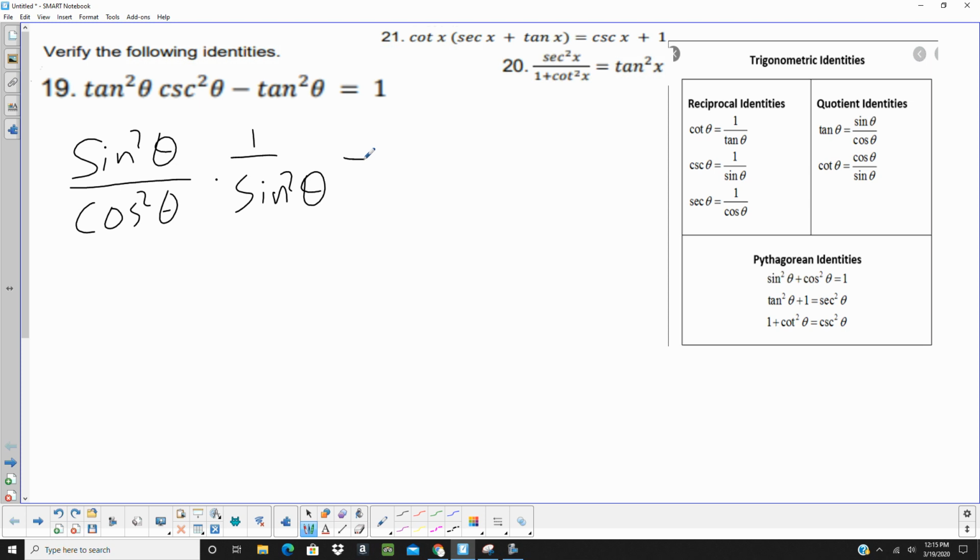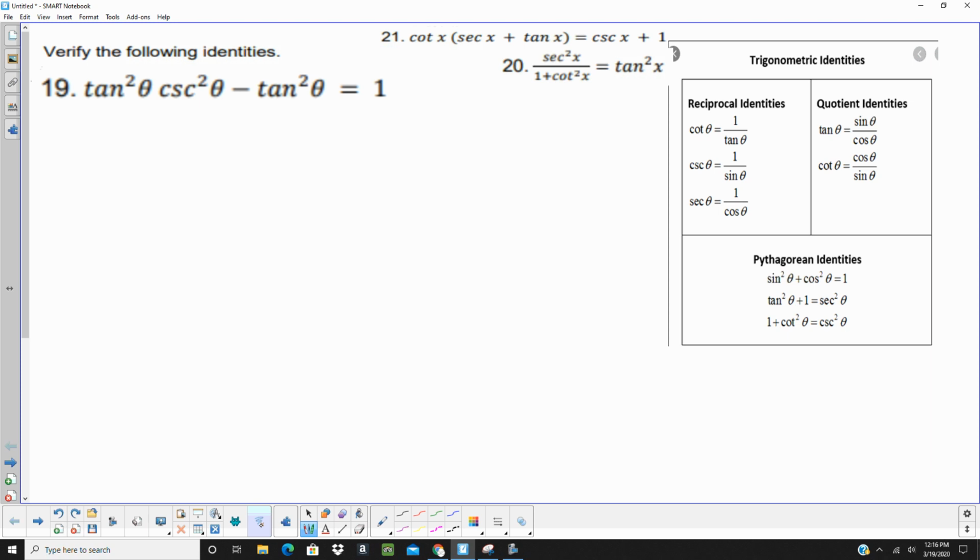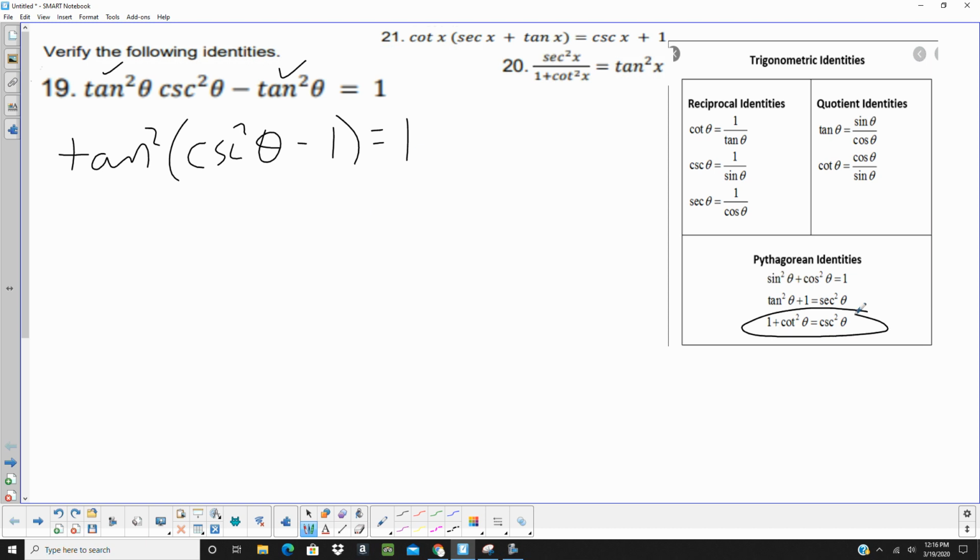And sometimes in the middle of a problem, you realize there is an easier way to do this. I realized that this has a greatest common factor, tangent squared. So if I factored out that tangent squared, I'm going to be left with cosecant squared theta minus 1. Well, if I come back over here and look at my bottom Pythagorean identity, if I were to subtract 1 from both sides there, I'm going to be left with cotangent squared.